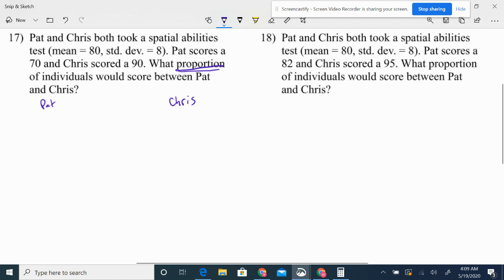So Pat scores 70. For my z-score for Pat, I'm going to go 70 minus 80, since the mean is 80, and divide this by 8. That's going to give me the z-score for Pat. Now for Chris, who scored 90, I'm going to go 90 minus 80 divided by 8.